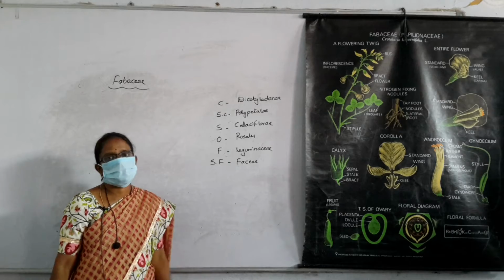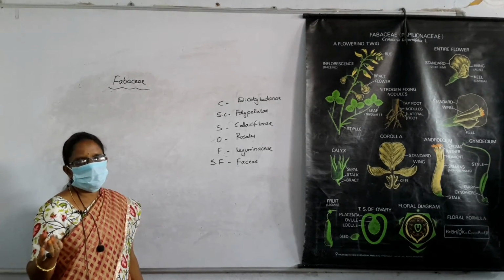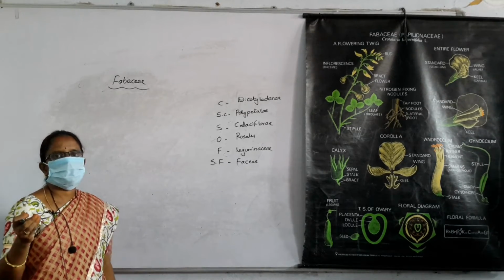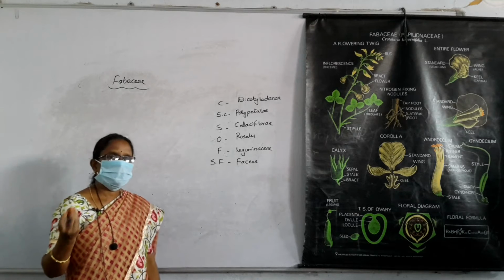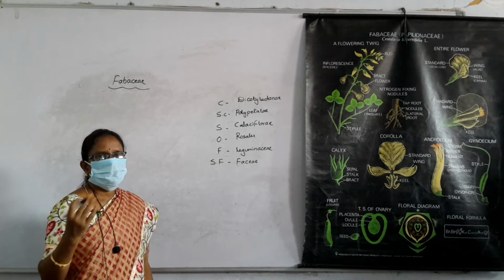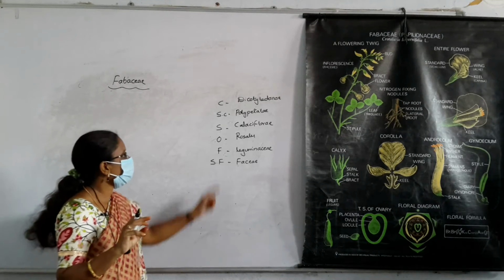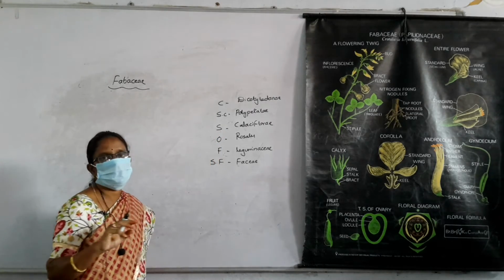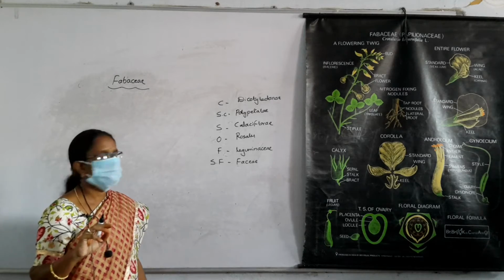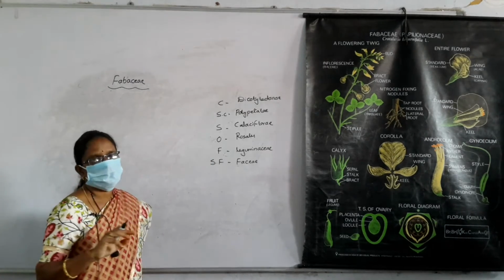The series are Thalamiflorae, Disciflorae and Caliciflorae. In Thalamiflorae examples are Anonaceae and Capparidaceae, the Disciflorae example is Rutaceae, and the Caliciflorae example is Fabaceae.